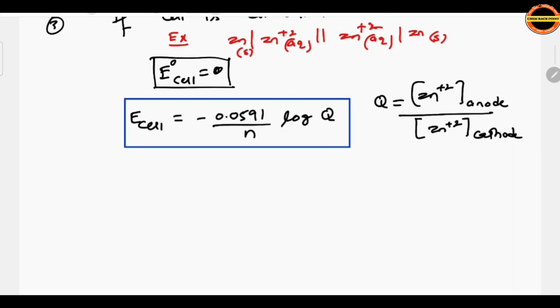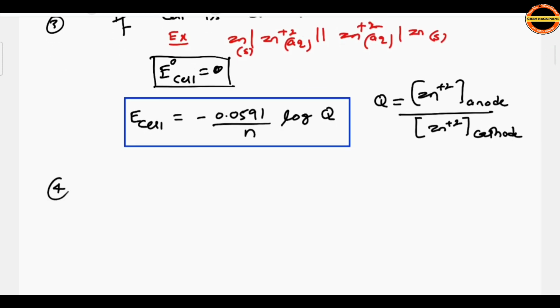Okay, next, moving to the other case of the Nernst equation where we use the hydrogen electrode. We know the standard hydrogen electrode is the reference electrode. So for the reference electrode Nernst equation, see now.